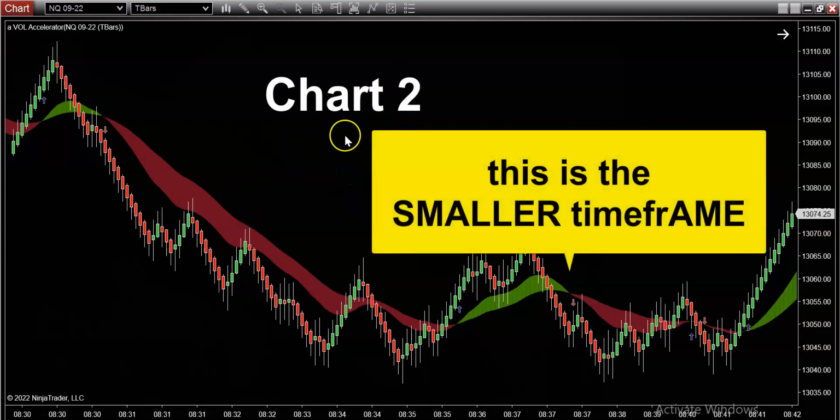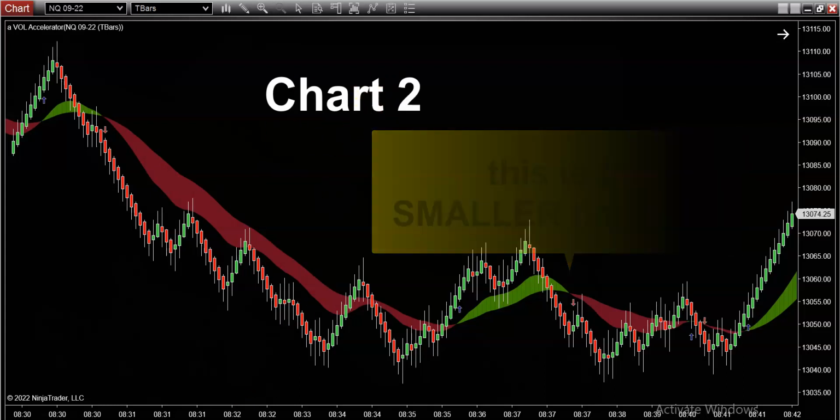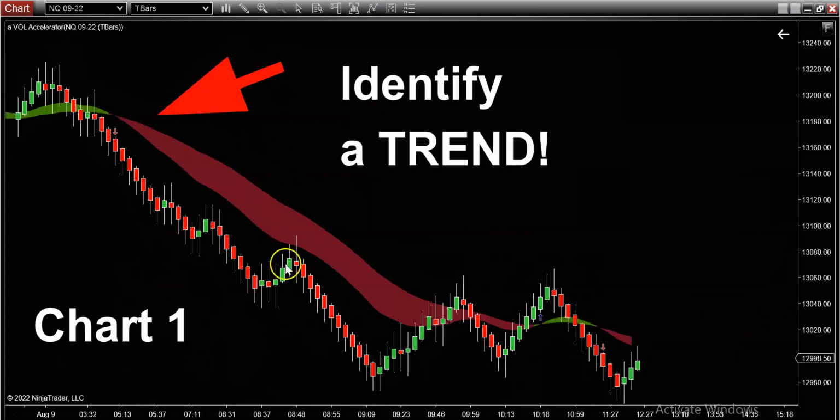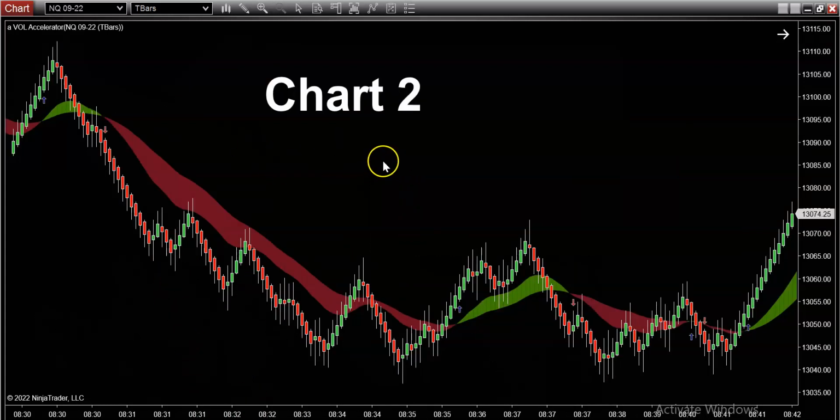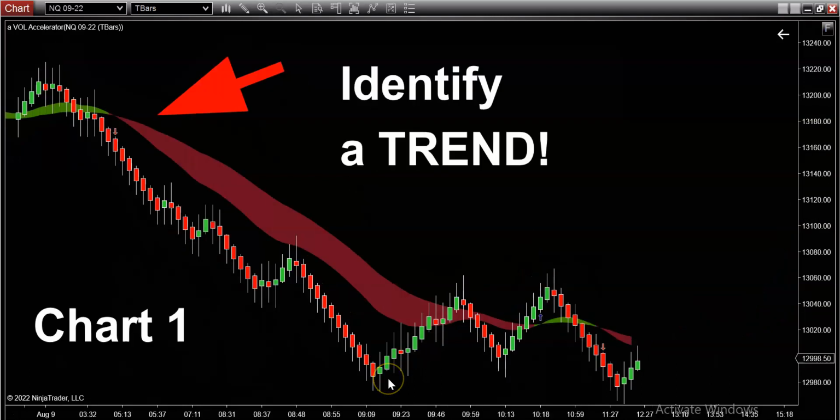I'm simply going to call this one chart number 2. You with me? So we've got one higher time frame chart and one smaller time frame chart, and I'm going to show you why having this smaller time frame chart is so crucial in order to find really powerful trend trading setups.